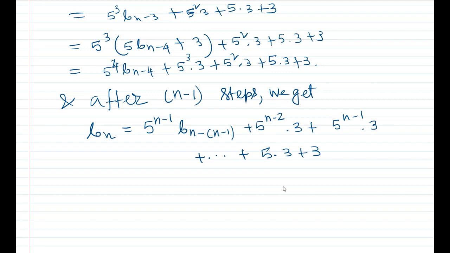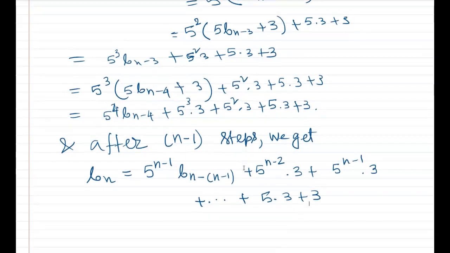So how can we understand that this degree is n minus 1?